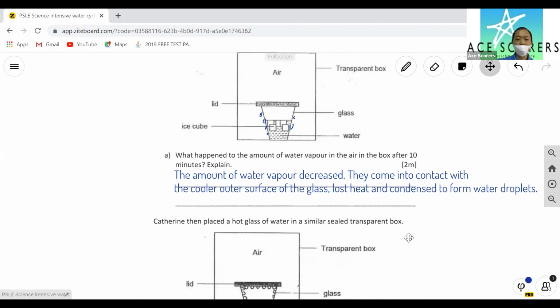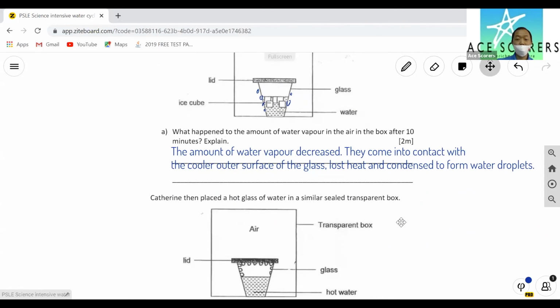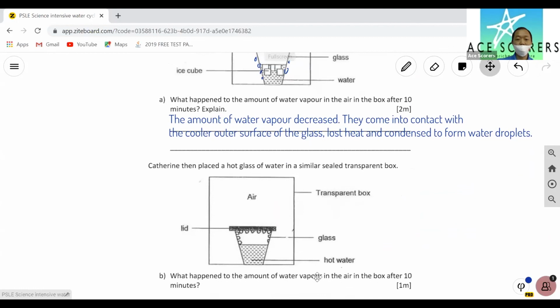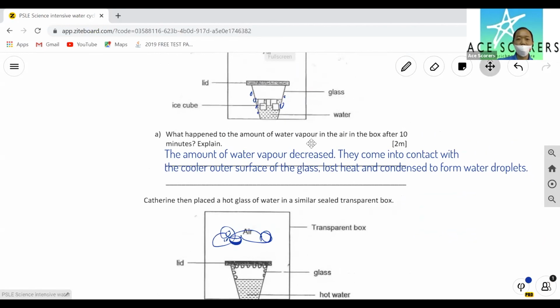Next one. So now we change the scenario. What happens after 10 minutes? Now you put hot water. What happened to the amount of water vapor in the air? Just now with cold water, we know it condenses.